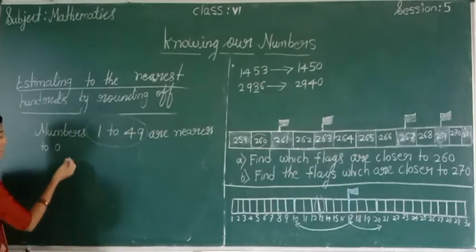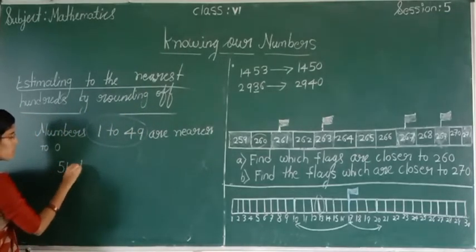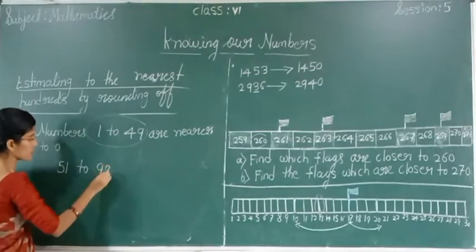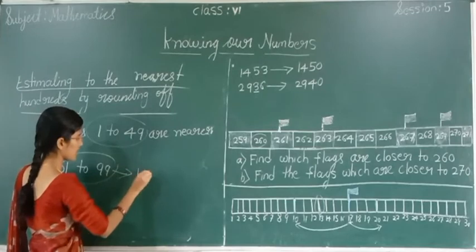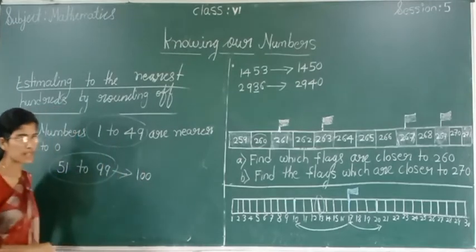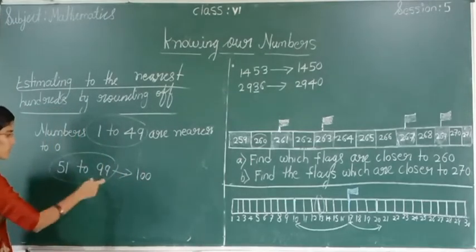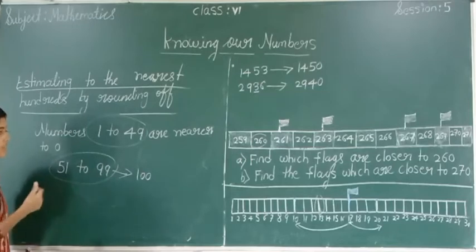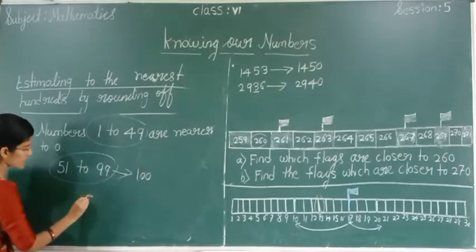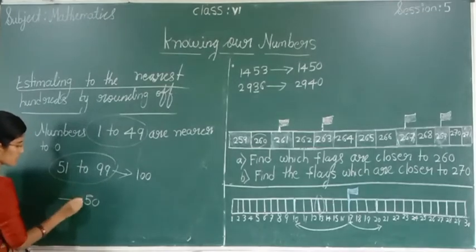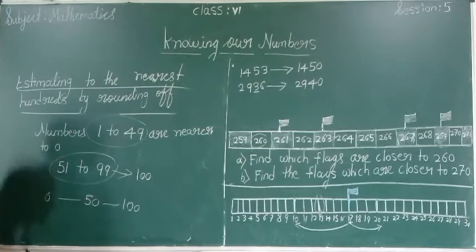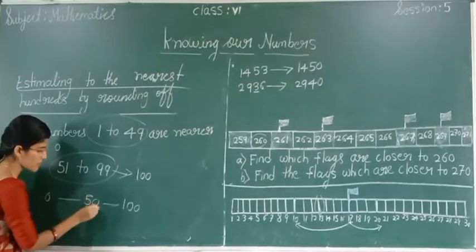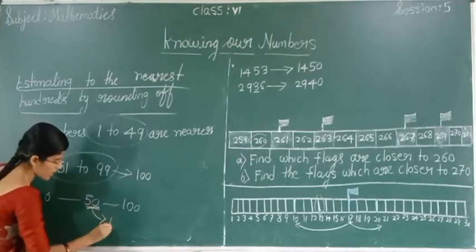Now 51 to 99 numbers are very close to what? 100. That's why 51 to 99 numbers we will round off to 100. Then what about 50? 50 is equidistant from 0 and 100. But in practice 50 we will round off to 100 only.